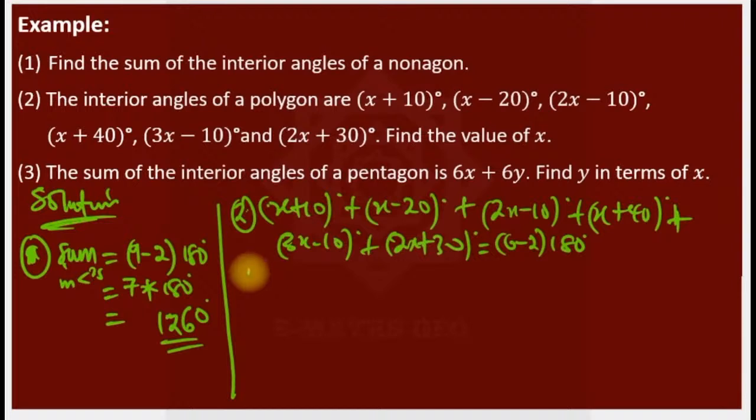So the sum of this is equal to 10x. Summing the ones with x: 1, 2, 4, 5, 8, 10.